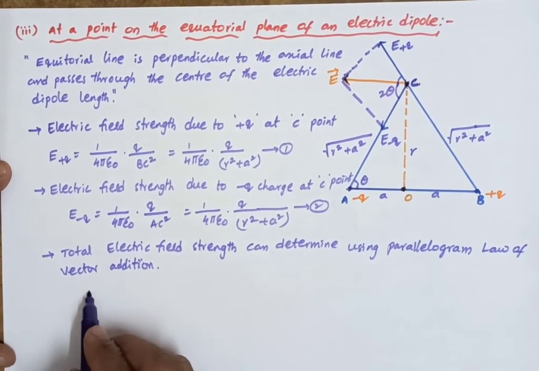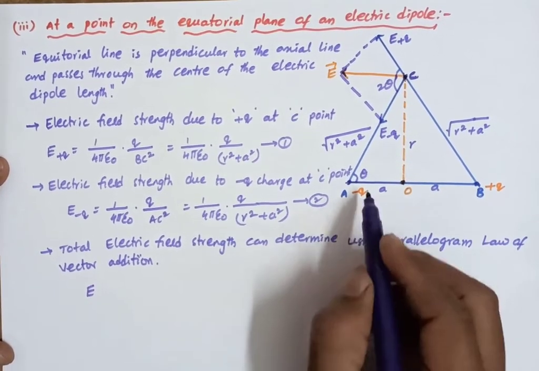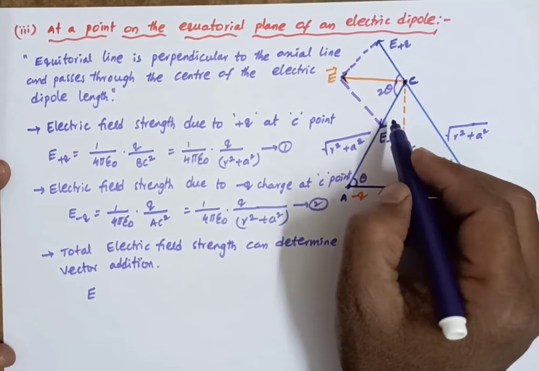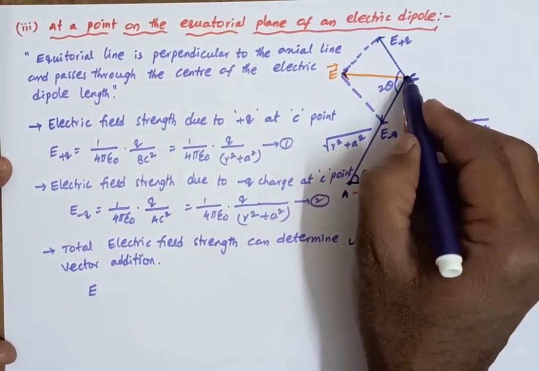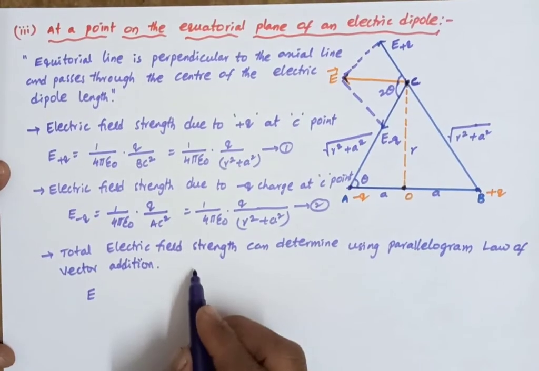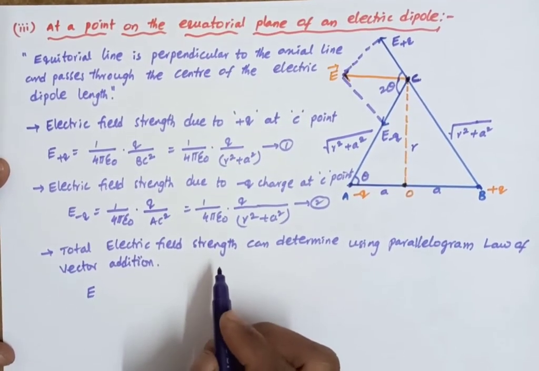If A is one vector and B is another vector, then the resultant vector equals the square root of a square plus b square plus 2ab cos theta.